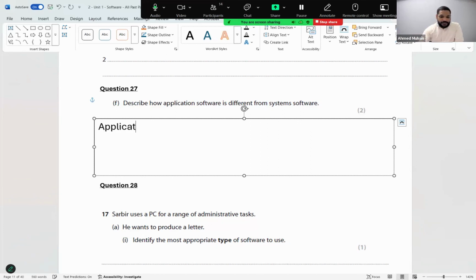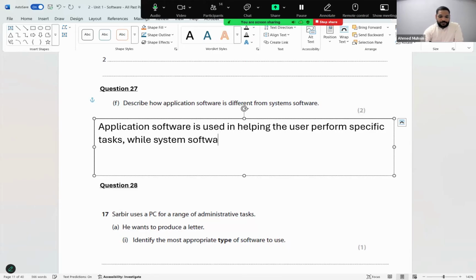Application software, you can say, is used in helping the user perform specific tasks, while system software is used in managing the entire computer system.